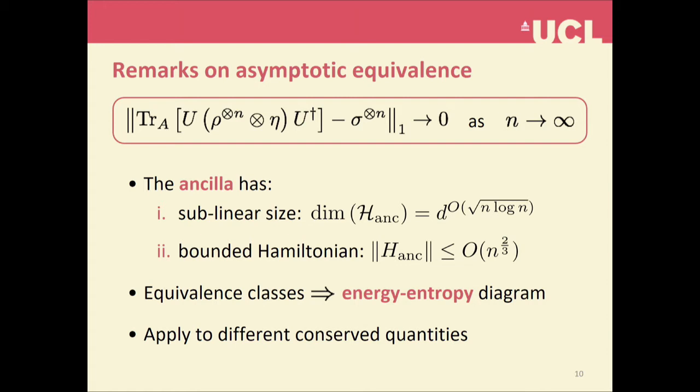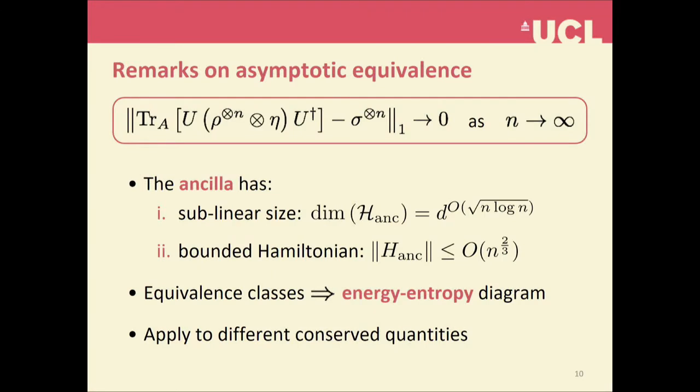Another thing is that this asymptotic equivalence is telling us that we can map one state into another if they have the same energy and the same entropy. So essentially, it's giving us equivalence classes inside our state space, each of them composed of states that have the same energy and entropy.